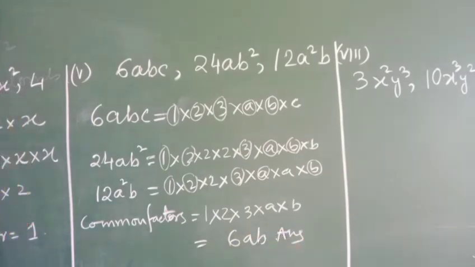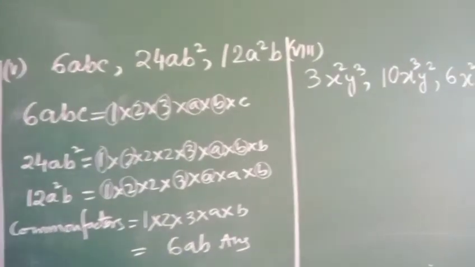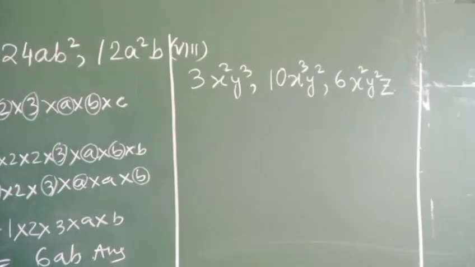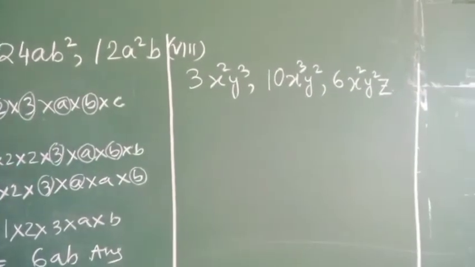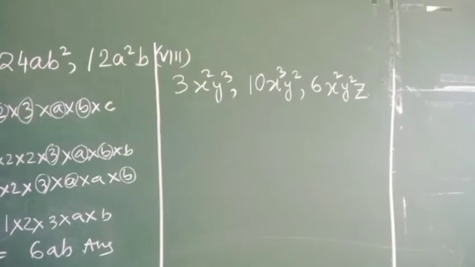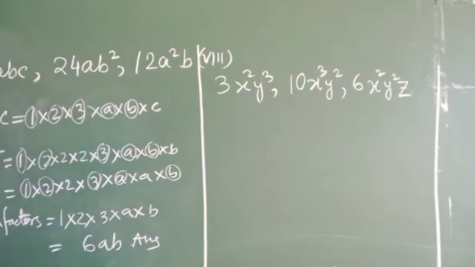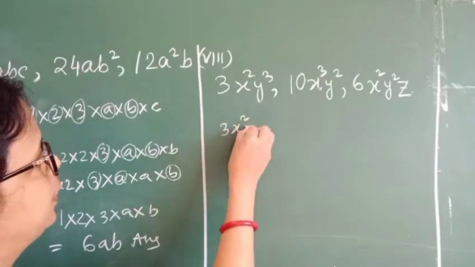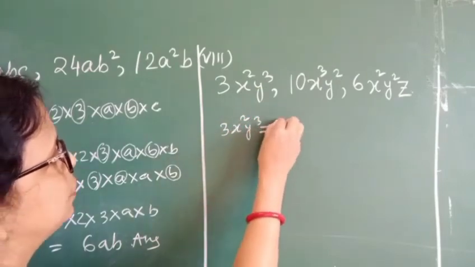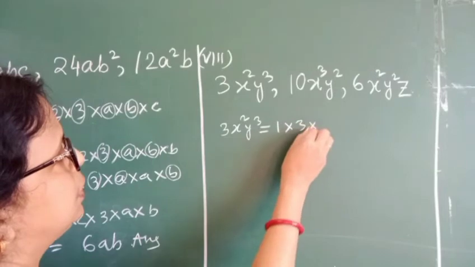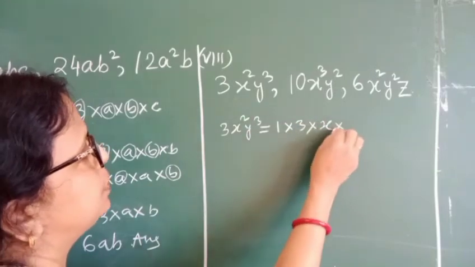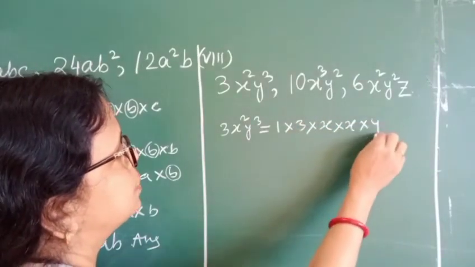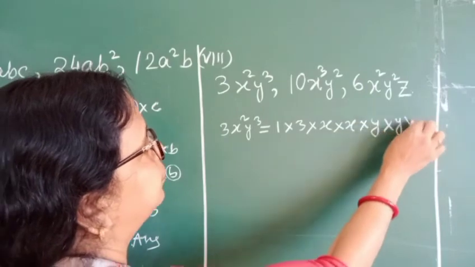Last sum of this exercise, question number 1. This will be the last one. 3x square y cube. That means 1 into 3. x square means x will come 2 times, and y cube means y will come 3 times.